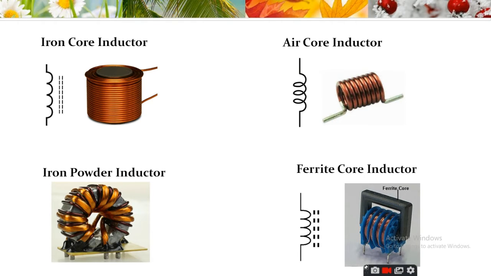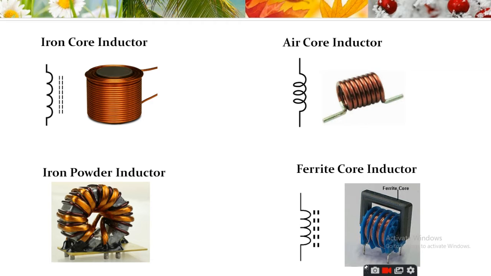Iron powder inductor. These are formed from very fine insulated particles of highly pure iron powder. This type of inductor contains nearly 100% iron only. It gives a solid looking core when this iron powder is compressed under very high pressure and mixed with a binder such as epoxy or phenolic.